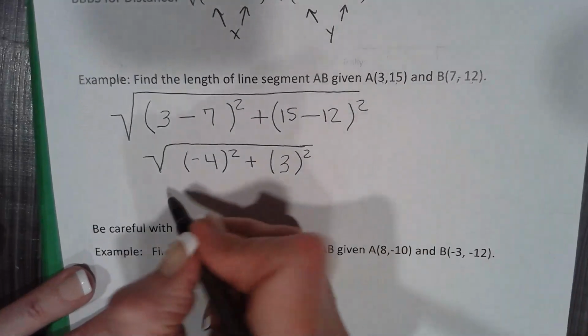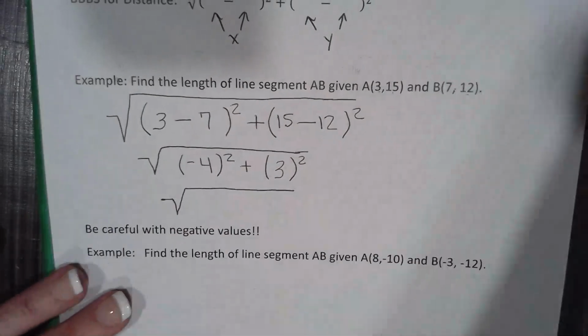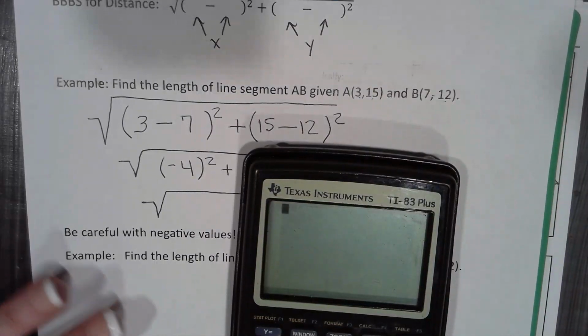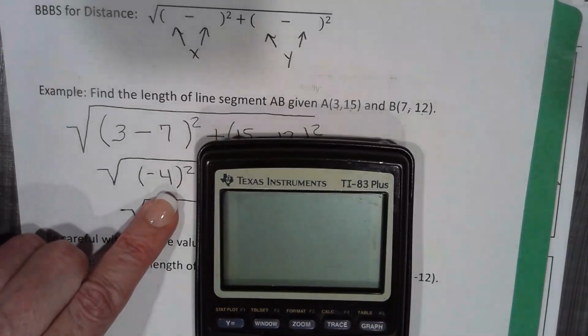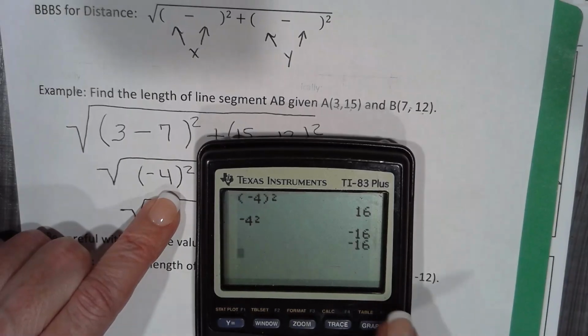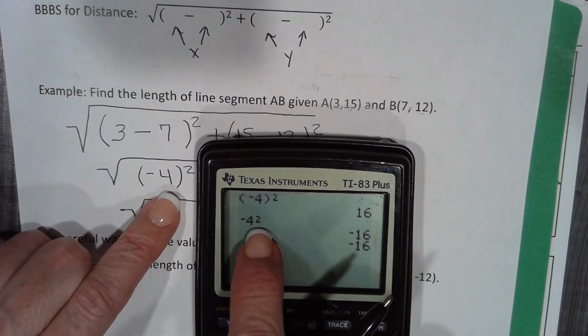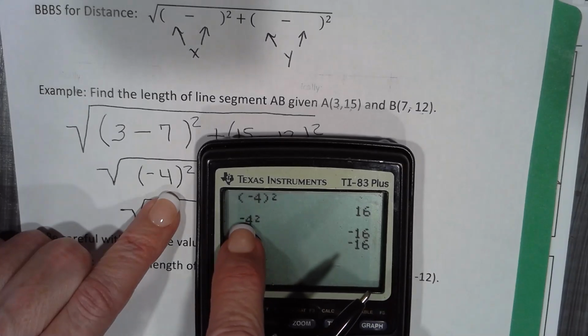Now, when you square a negative number, it should be positive. So make sure that anytime you have a negative number and you're going to raise it to a power, you put it in parentheses. Because if you don't, the calculator will give you the wrong answer. What the calculator does is it does the square first and then tacks on the negative sign.